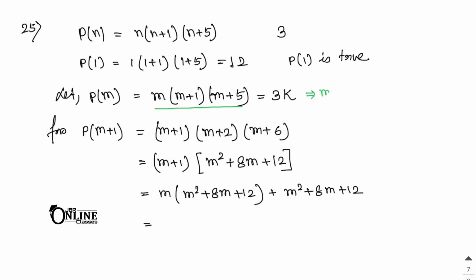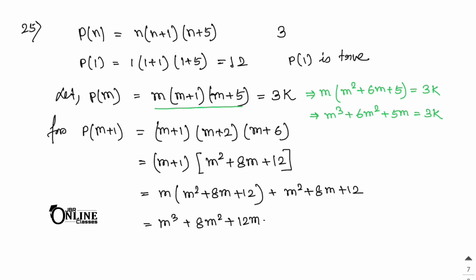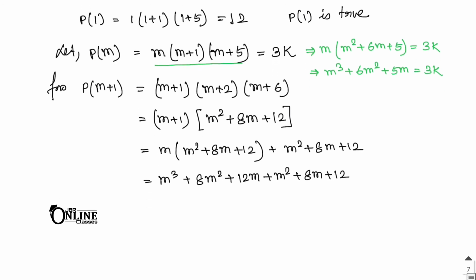So from that you can write m into (m square plus 6m plus 5) equals 3k, then m cube plus 6m square plus 5m equals 3k. So now here m cube plus 8m square plus 12m plus m square plus 8m plus 12. So from that m cube, then 8m square and m square make 9m square, then 20m plus 12.